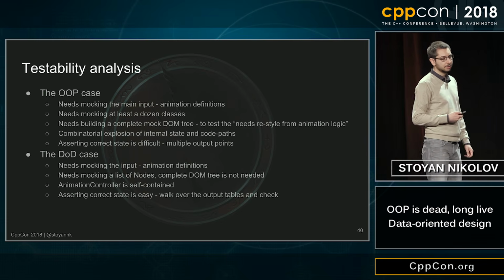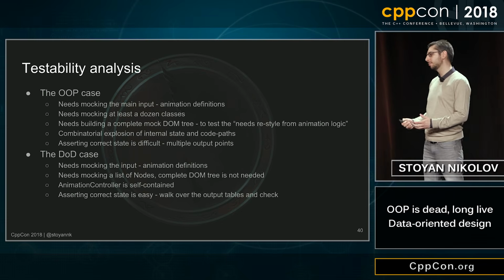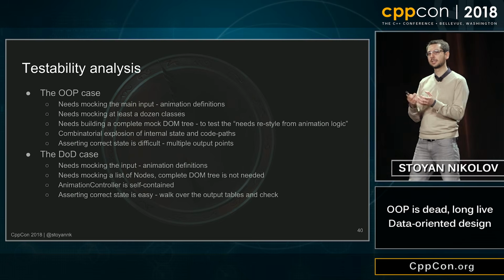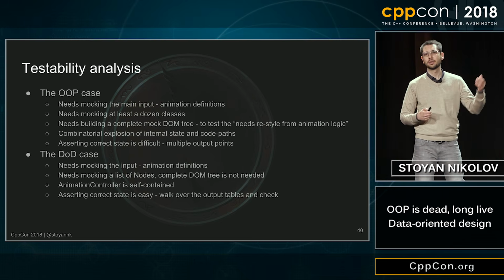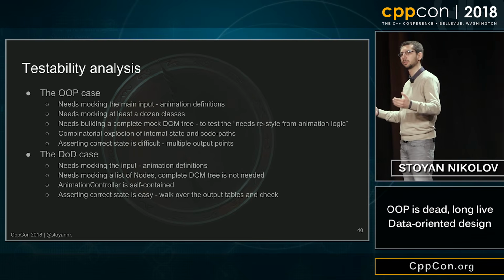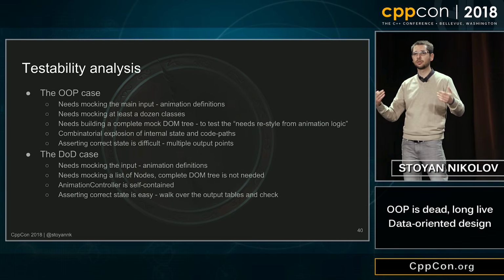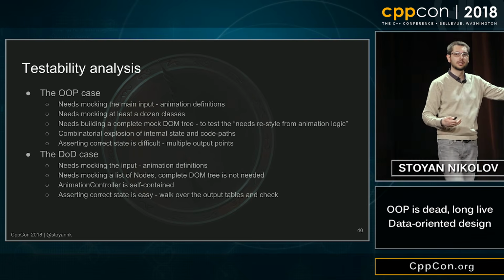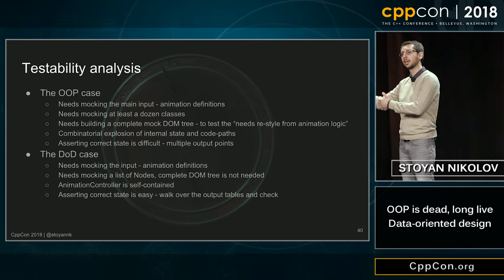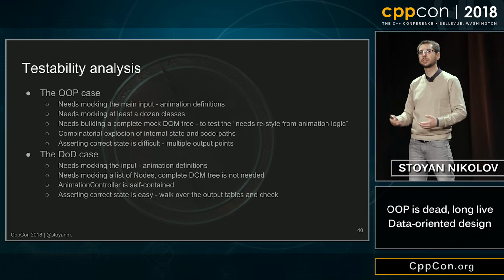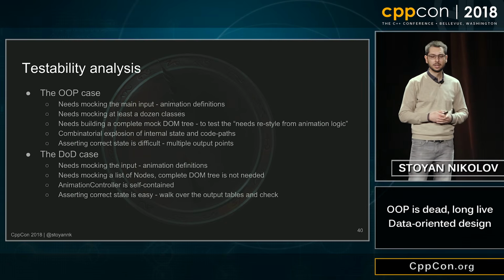In the data-oriented case, it looks again a bit simpler, just because we have really isolated the animation system from everything else. We have our very clear input, our very clear output, so as long as that contract is not breached and the right input gives you the right output, you're fine, the system works. And the other systems down the line have the responsibility to use that output in the correct way.